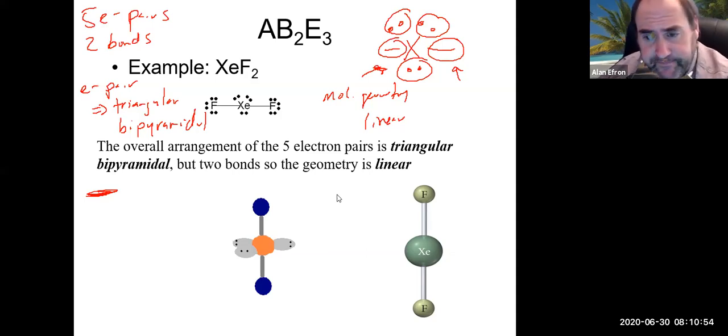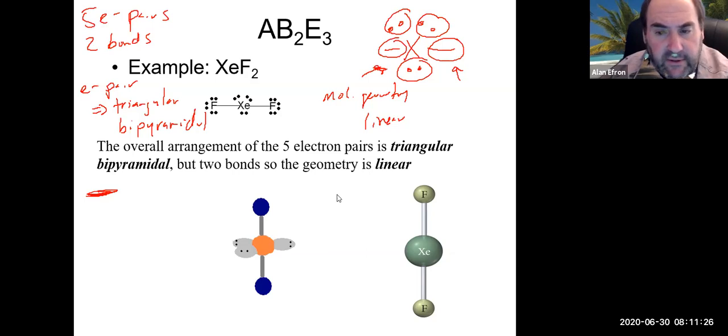So the electron pair geometry name is based off of the number of electron pairs there are. It doesn't really change. So for us, 2 electron pairs is linear, 3 electron pairs is trigonal planar, 4 electron pairs is tetrahedral, 5 electron pairs like we see here is triangular bipyramidal, and 6 electron pairs is octahedral.